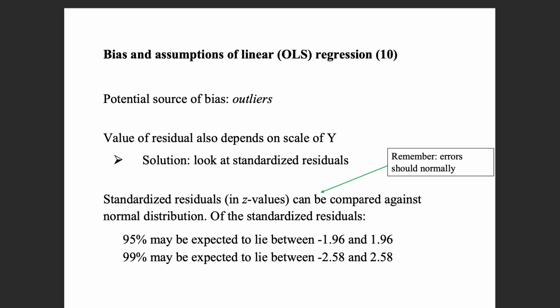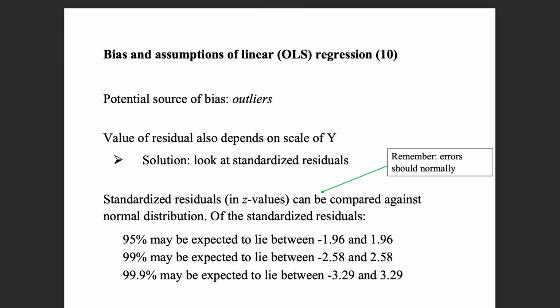So again we can check, is it really true that 99% of our residuals are within that interval of minus 2.58 to positive 2.58, and conversely that only about 1% of the residuals are smaller than minus 2.58 or larger than 2.58.